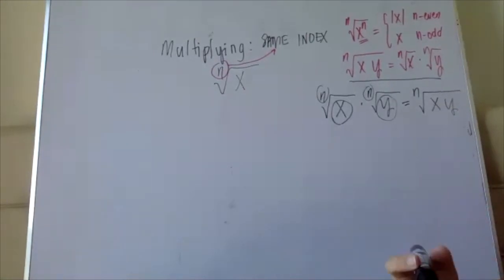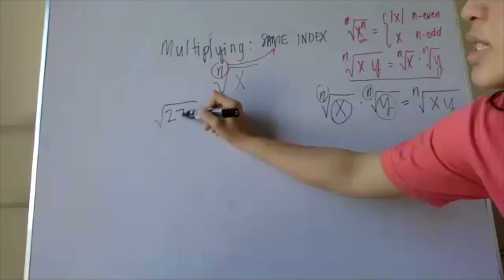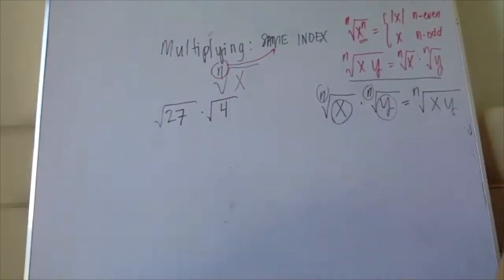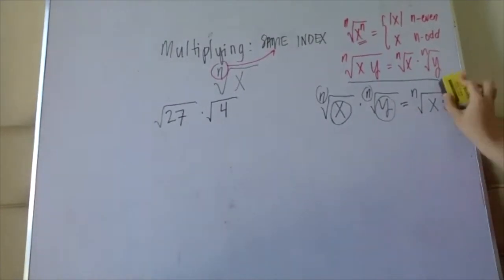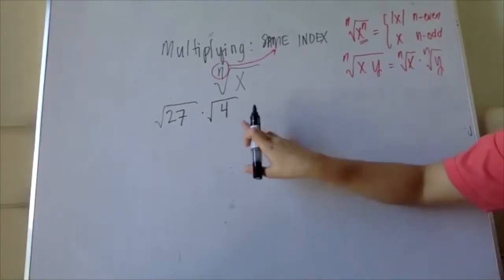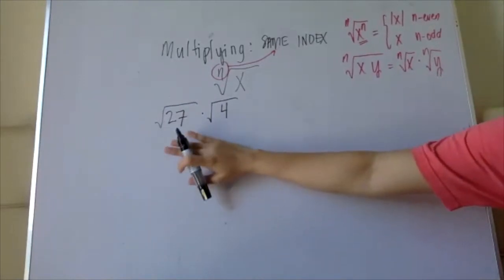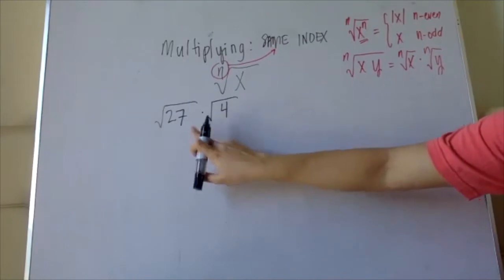Okay, so let's look at this example. Start tayo sa integer. 27 times square root of 4. Okay, so marami kang ways to solve this. And ipapakita ko kasi, although for this particular operation, ang pinakamadaling method would be to simplify this 2 bago mo i-multiply.